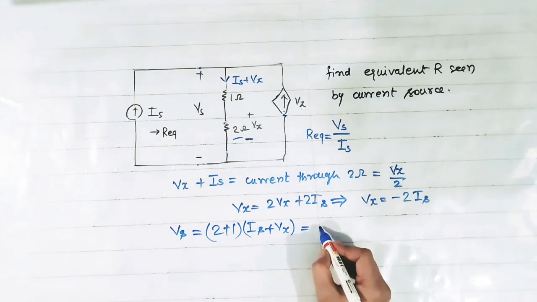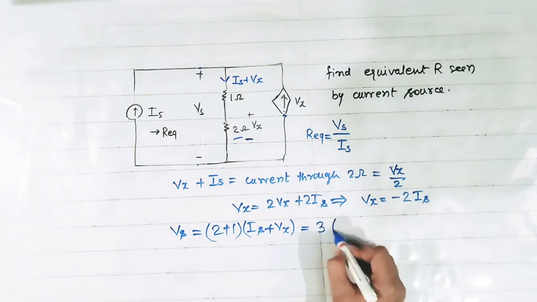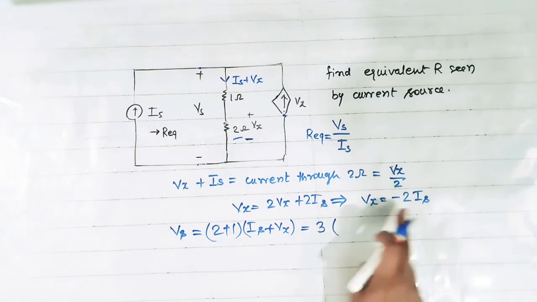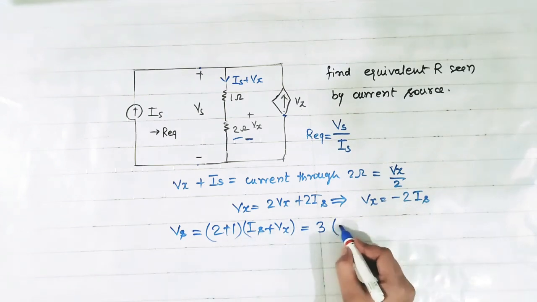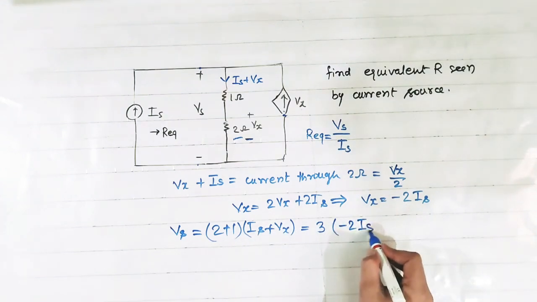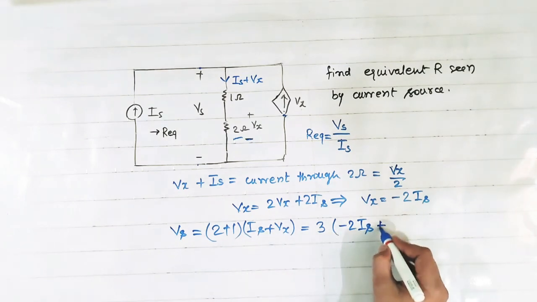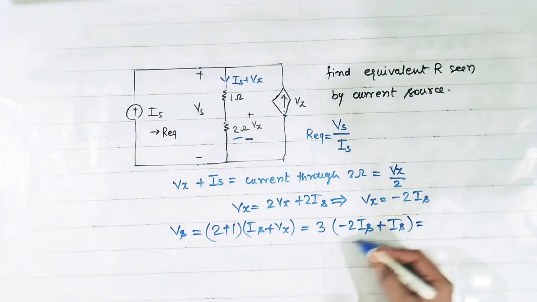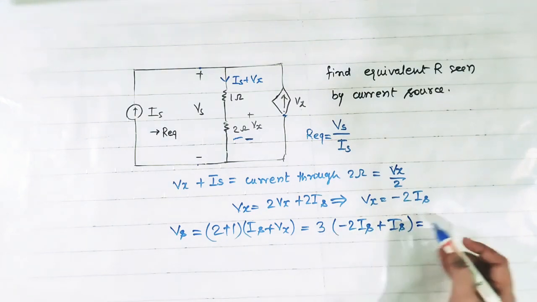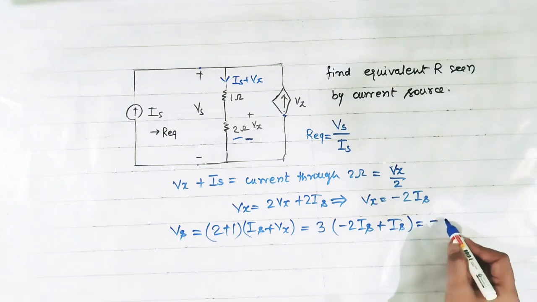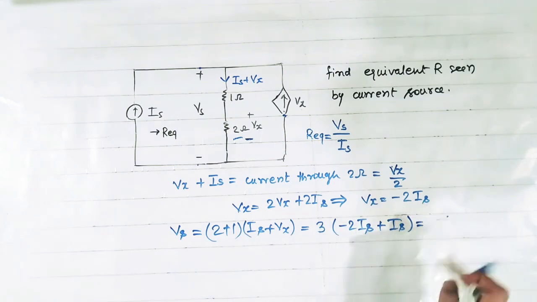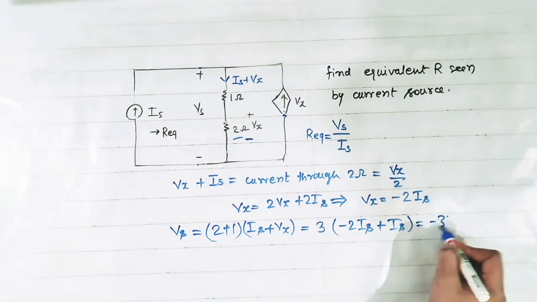We can write it as 2 plus 1, 3, times Is plus Vx. What is Vx? Vx is equal to minus 2Is. So we replace minus 2Is in place of this Vx, plus Is. So finally what do we get? We get minus 3.